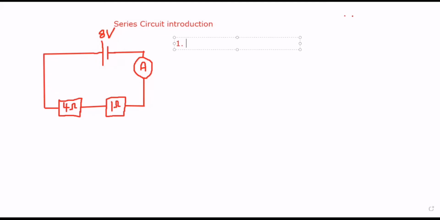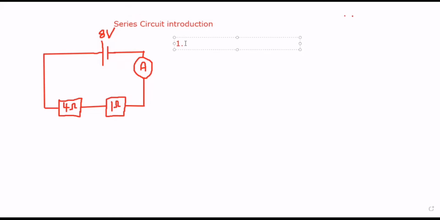So the first characteristic is that look at these components, right? We did components of the circuit in grade 9 and grade 8. We have a cell, we have resistors, we have an ammeter, right? Now in a series circuit, all the components in the circuit are connected to the same wire, right?